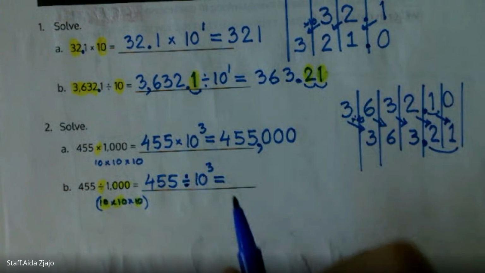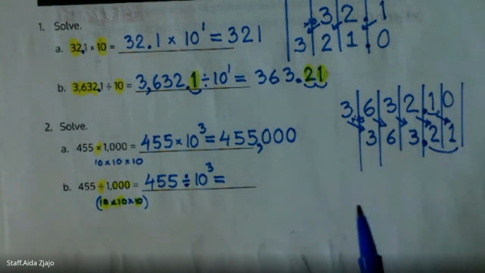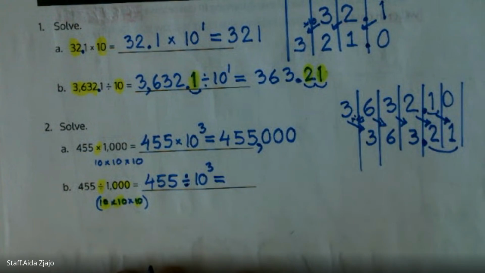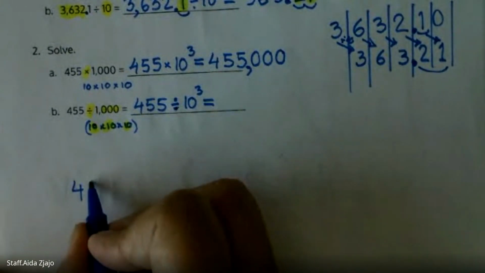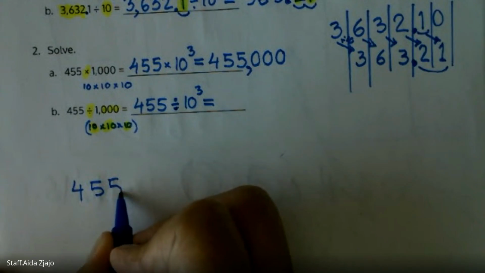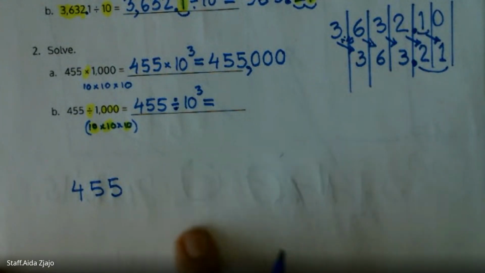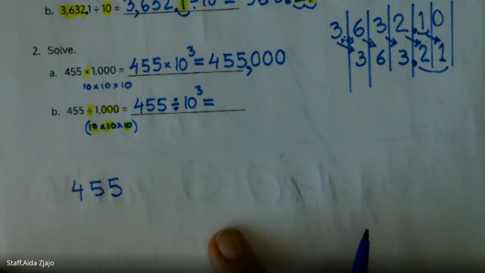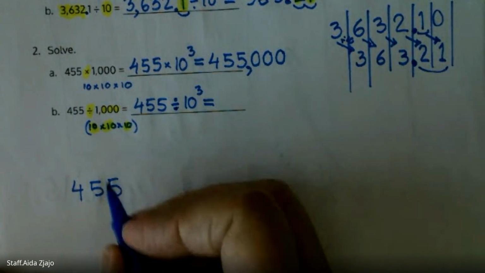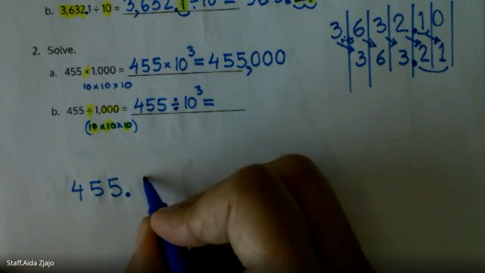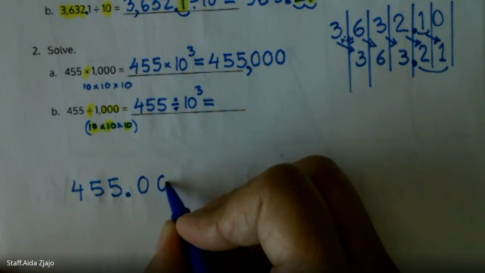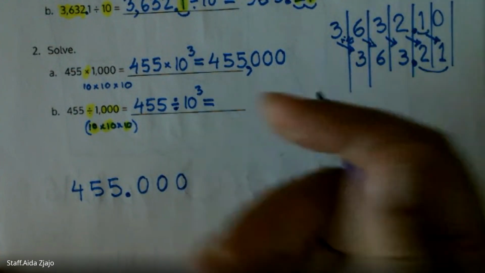So now we can show this as place value. I think of this 455, and I know the number is going to get smaller, so the digits are going to move to the right. I can show the whole number as a decimal by adding a decimal point and zeros if I wanted.